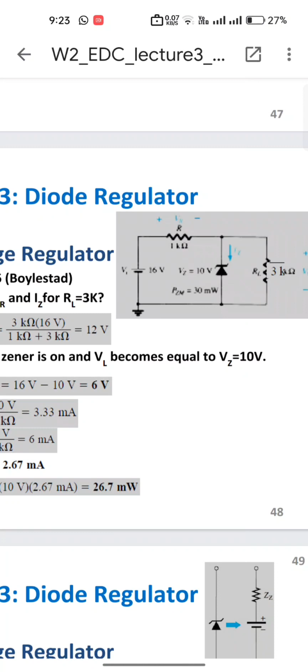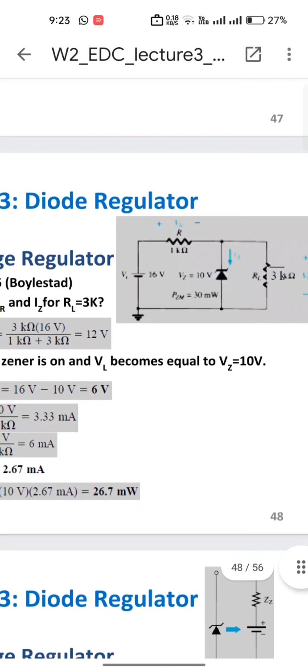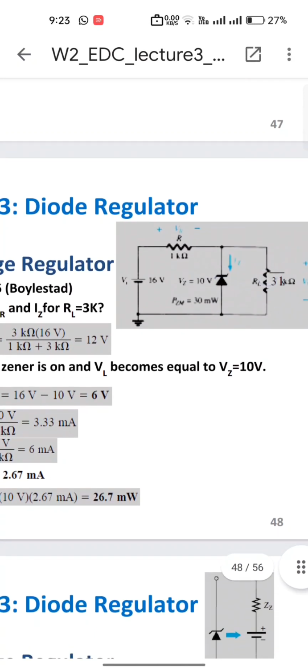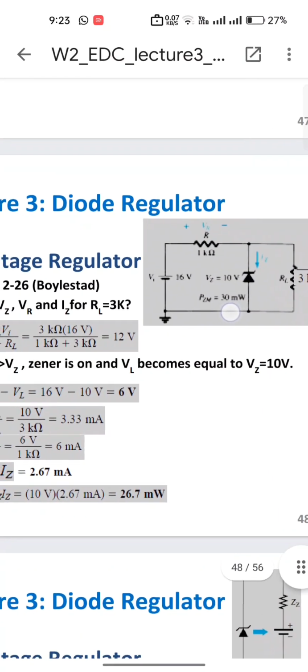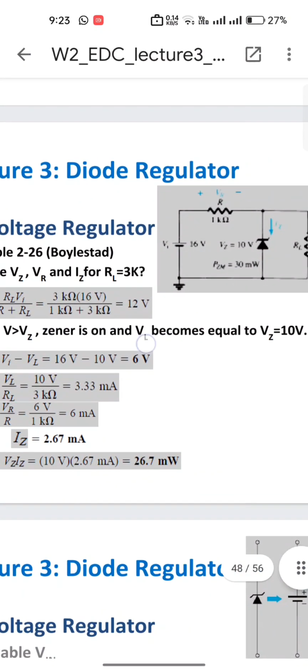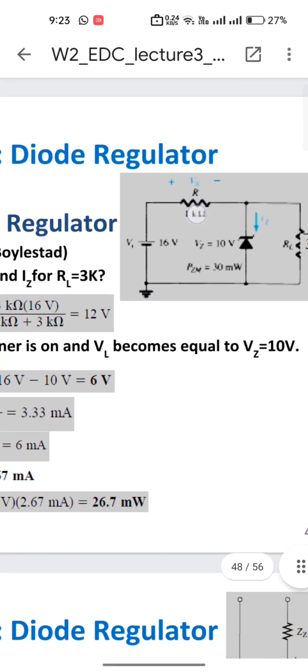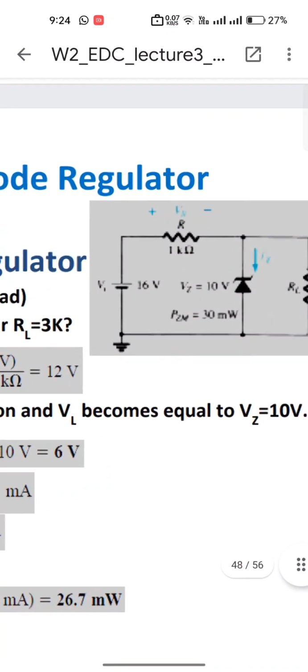As the Zener diode is on, we can say that the voltage across this Zener diode and the voltage across this load resistance are the same. How so? Because the voltage in parallel is the same. So 10 volts here means 10 volts here. Now the next thing we are about to find is VR, the voltage across this resistor. To find VR, we can first find the current if we want to.